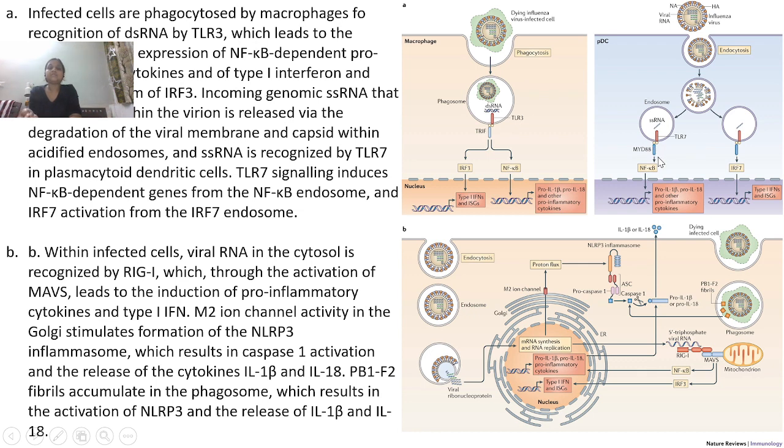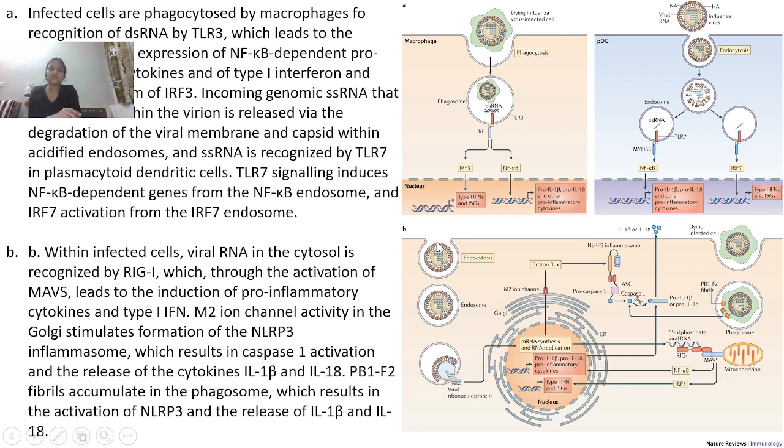This then induces the NF-kappa B dependent genes and IRF7 activation, which leads to the production of type 1 interferon stimulated genes, pro-inflammatory cytokines and other things. So this is one case, and this is a complete pathway.